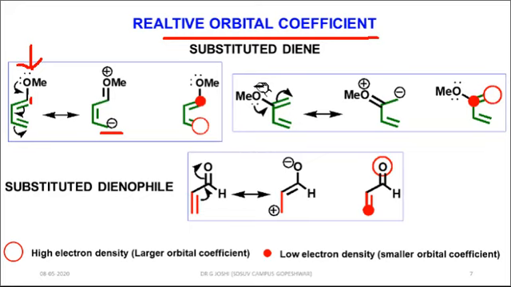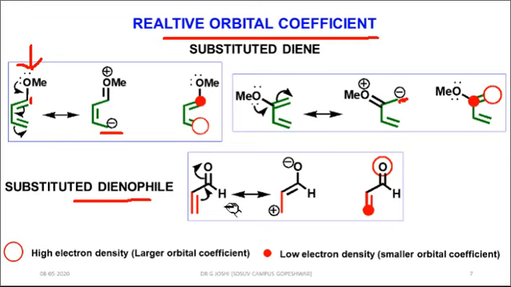Similarly, if we add this electron donating group at position 2, it will increase the electron density at carbon number 1 by this resonance, and the orbital coefficient of carbon number 1 compared to the rest of the carbons will be larger. Therefore, this carbon will become more electronegative or more nucleophilic compared to the rest of the carbons.